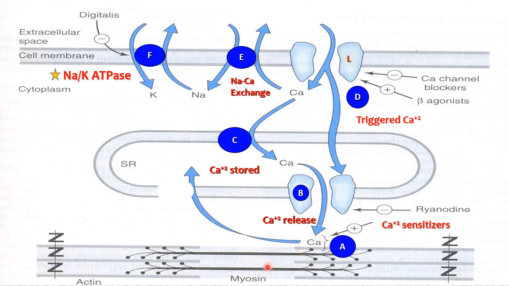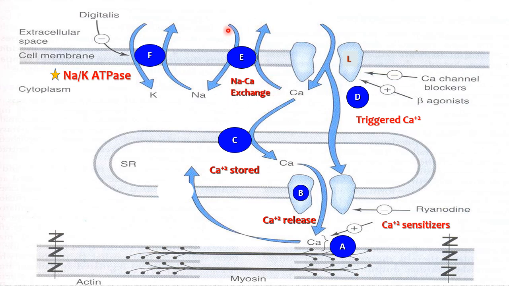So the normal cardiac contractility depends upon the sensitivity of these contractile proteins to calcium, the amount of calcium released from the sarcoplasmic reticulum, the amount of calcium stored in the sarcoplasmic reticulum, the amount of triggered calcium that enters the cell through L-type voltage gated calcium channels, and the activity of the sodium calcium exchanger.